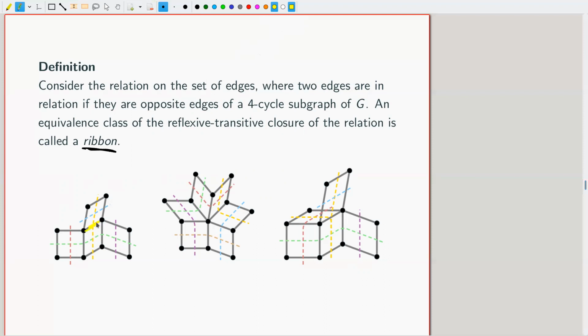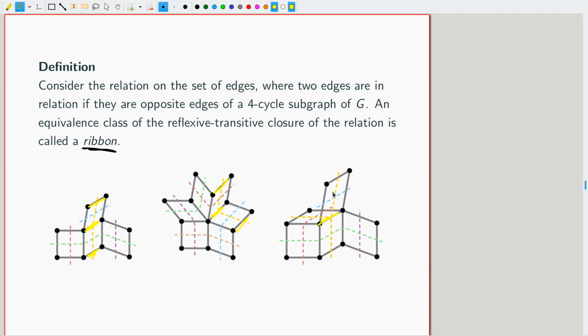So this edge is in relation with this edge, and this edge is also in relation with this edge. We take the reflexive transitive closure of that relation, and the equivalence classes of this relation are what we call ribbons. You can see that when the framework really comes from a tiling, a ribbon goes through the framework like a ribbon. But it works also for a general graph.